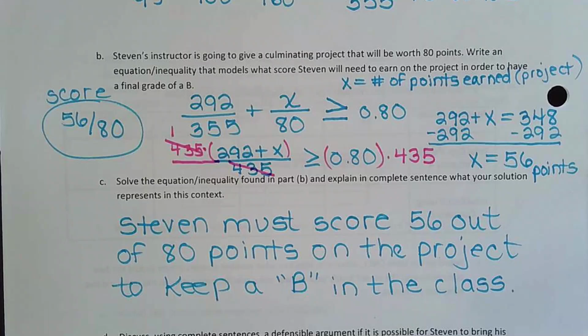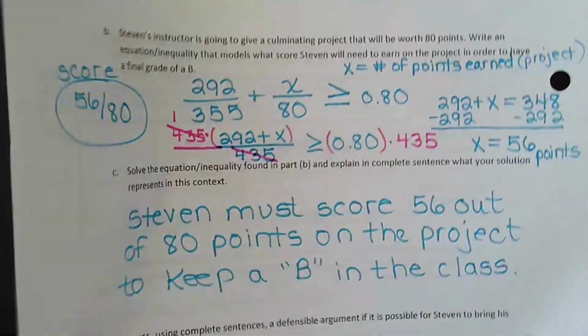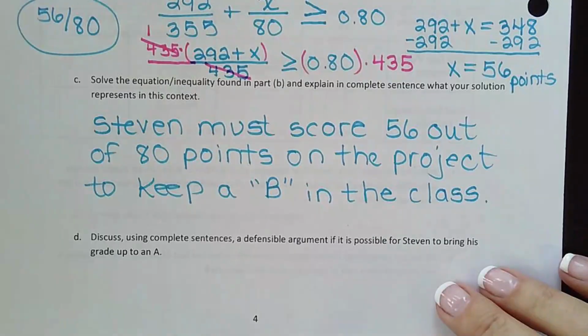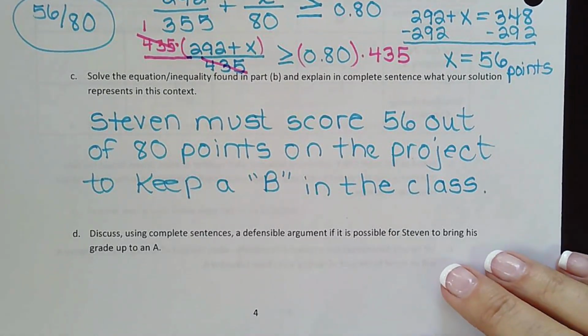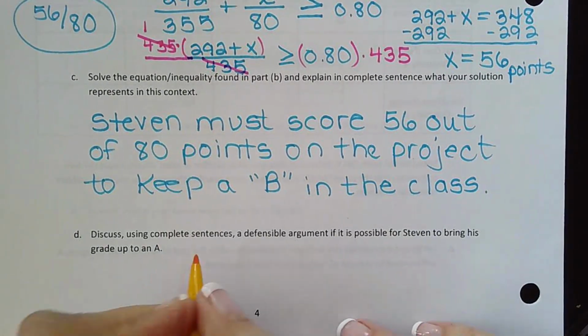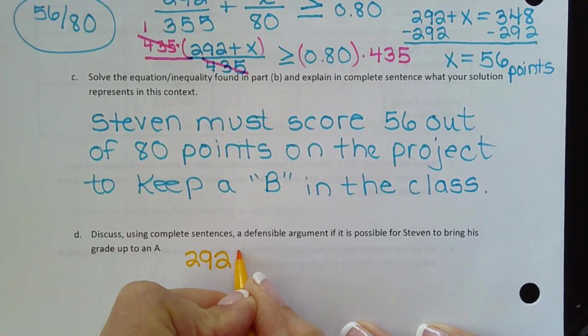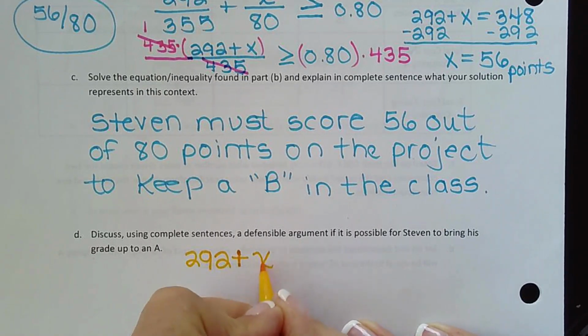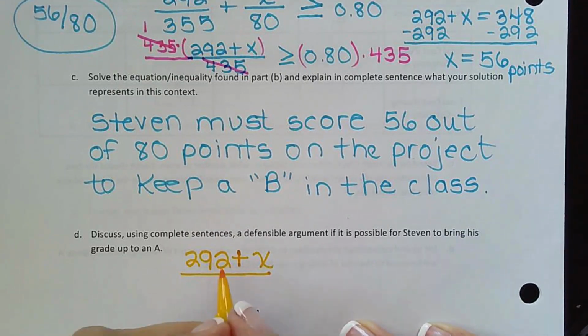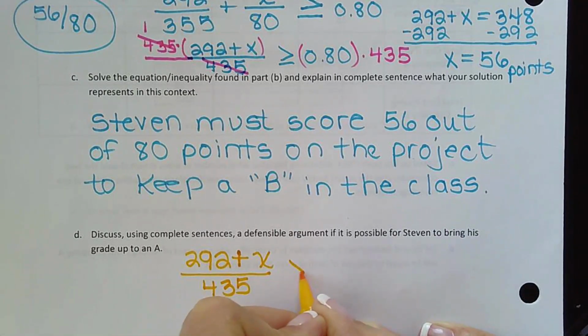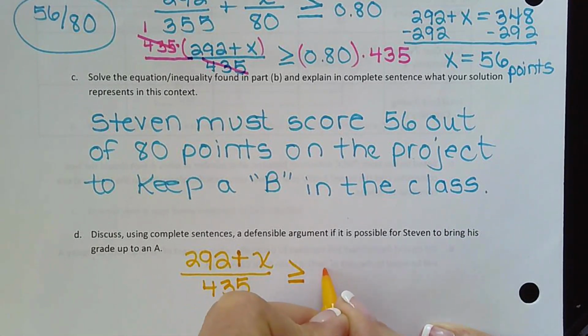And I'm not going to tell you the punchline yet, so we'll keep the inequality and then we'll go from there. So 292 plus, oh yes, x out of 435. Is it possible to get greater than or equal to 90%?